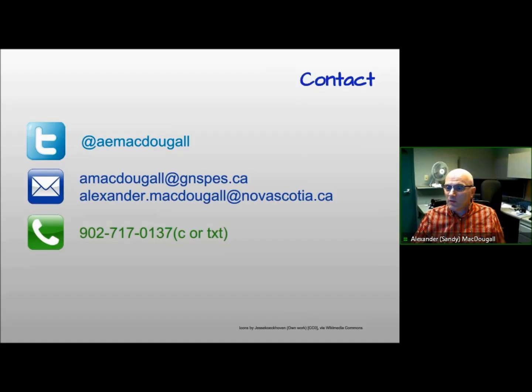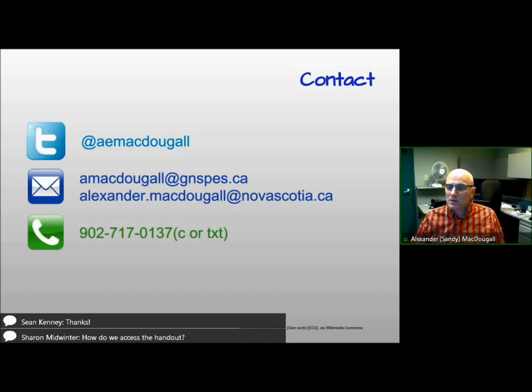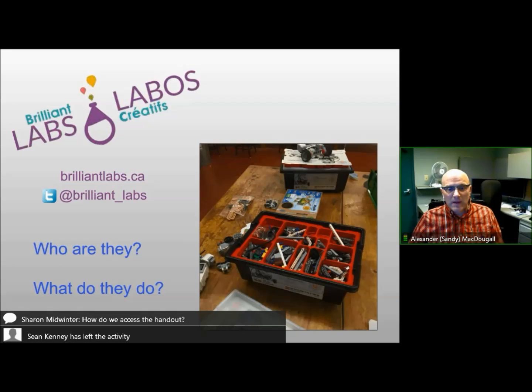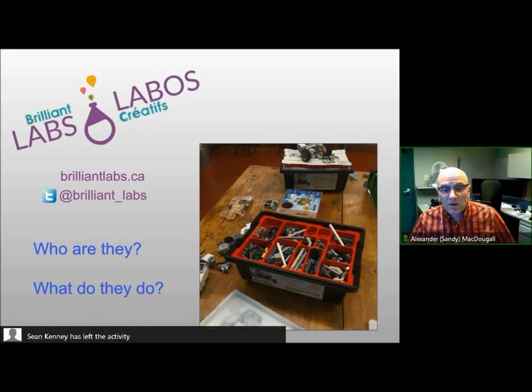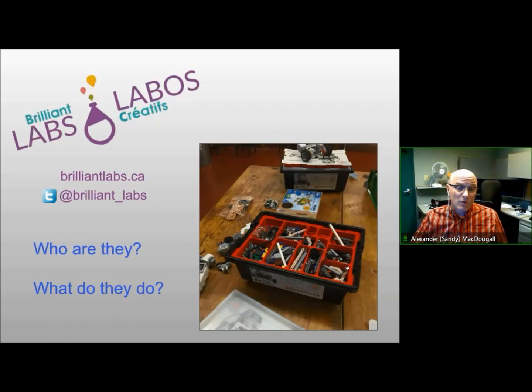Before I wrap up, I do want to go back to a slide about Brilliant Labs, which is here somewhere. There. I want to go back to that slide and mention that there is funding available from Brilliant Labs. So if you go to brilliantlabs.ca and click on funding, you will come to a form which looks a bit overwhelming, but it's not too bad really if you just go through it one thing at a time.